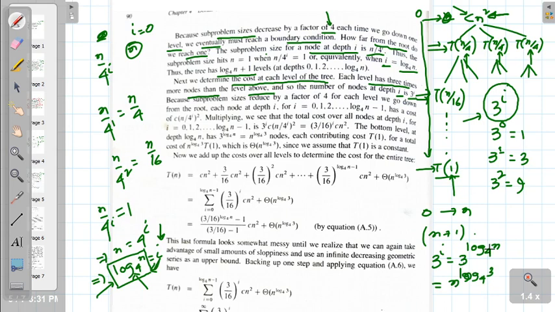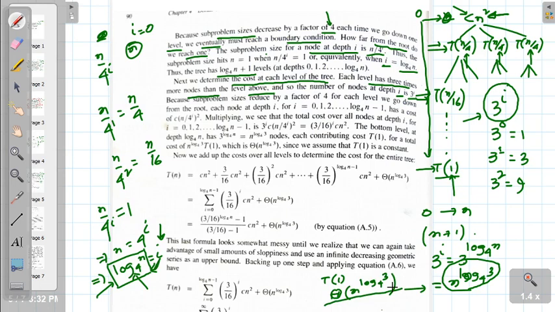This is a famous formula that you know from the 12th standard. This is the number of nodes at the leaf level, and each node contributes T(1) cost, that means constant cost. So the leaf level cost will be theta of n power log 3 base 4. Now it is clear how the leaf level cost comes like that.